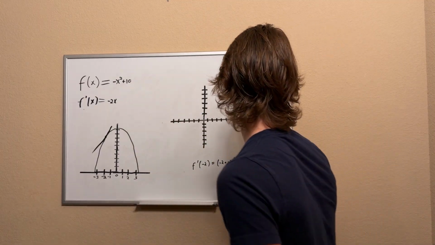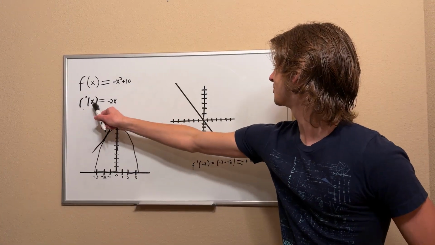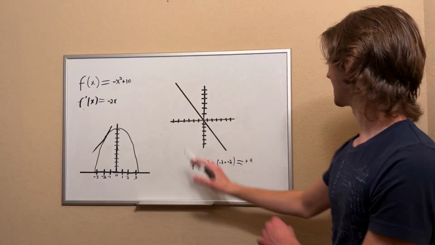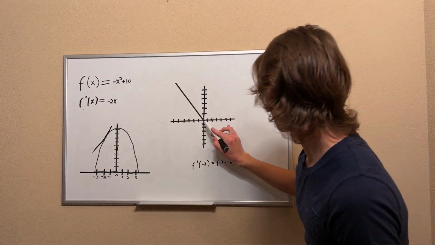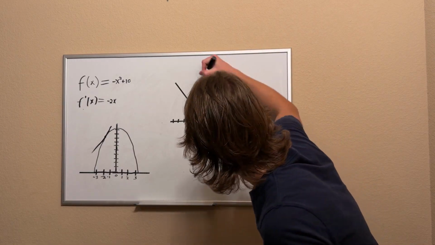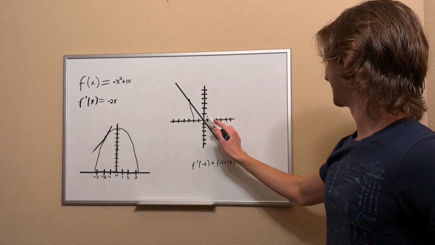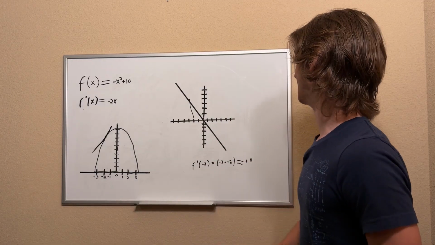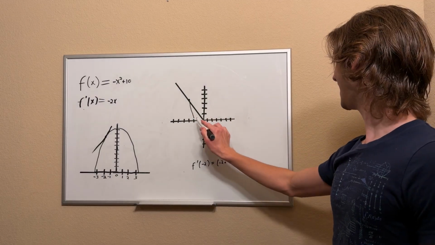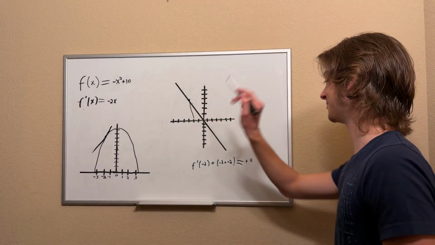So let's see here. I'm going to go ahead and plot this real quick. Okay, I went ahead and plotted f prime of x is equal to -2x. So this line right here is -2x. So at x equals -2, we're going to have a slope of +4. I didn't really draw this to scale, but just imagine that's right. So at -2, our line really reads +3, but it's supposed to read +4.